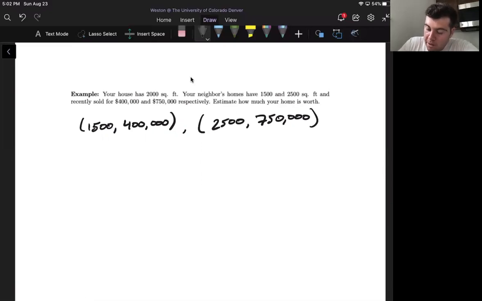So maybe you think, okay, the value of my house should then be approximately the midpoint of the line segment between these two homes.